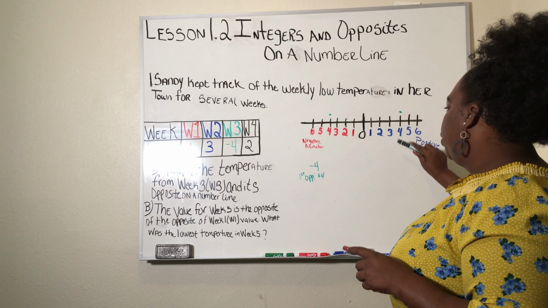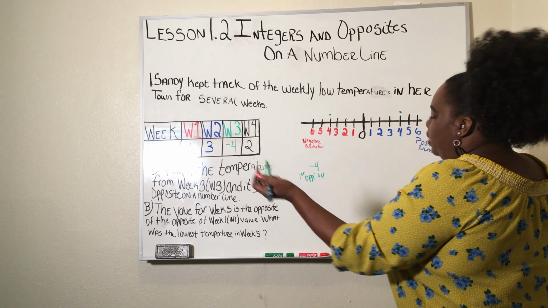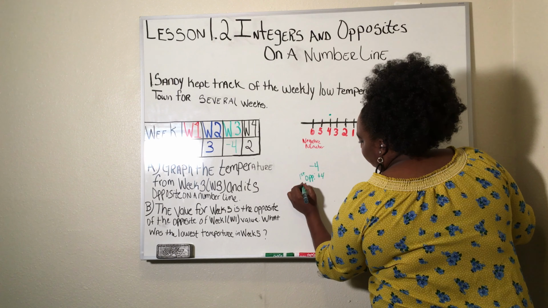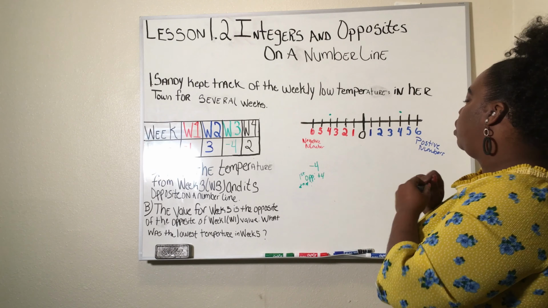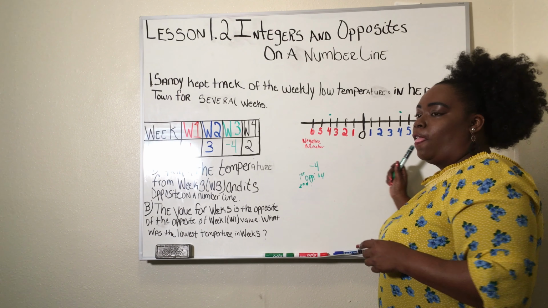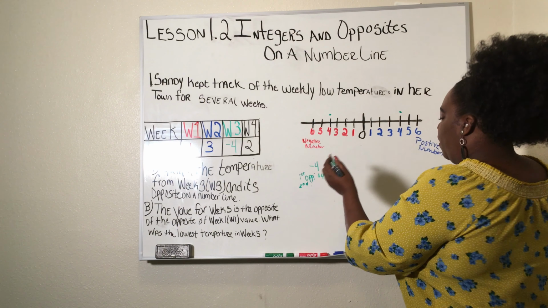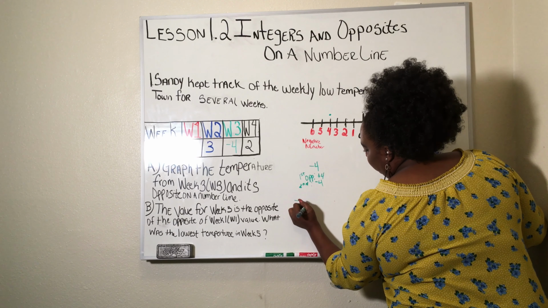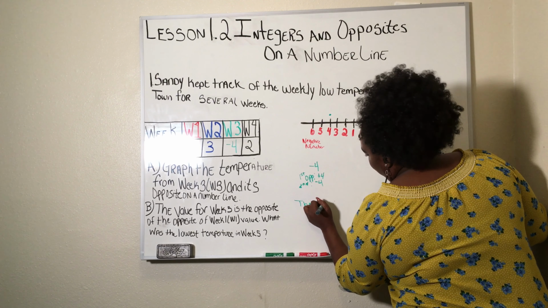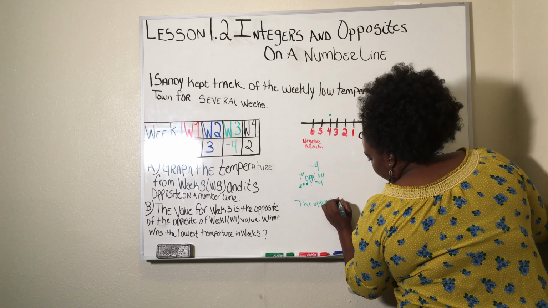So now we need to find the opposite of the opposite, which is the second opposite. Basically, we're trying to find the opposite of +4, which takes us back to -4. So the opposite of an opposite is itself.